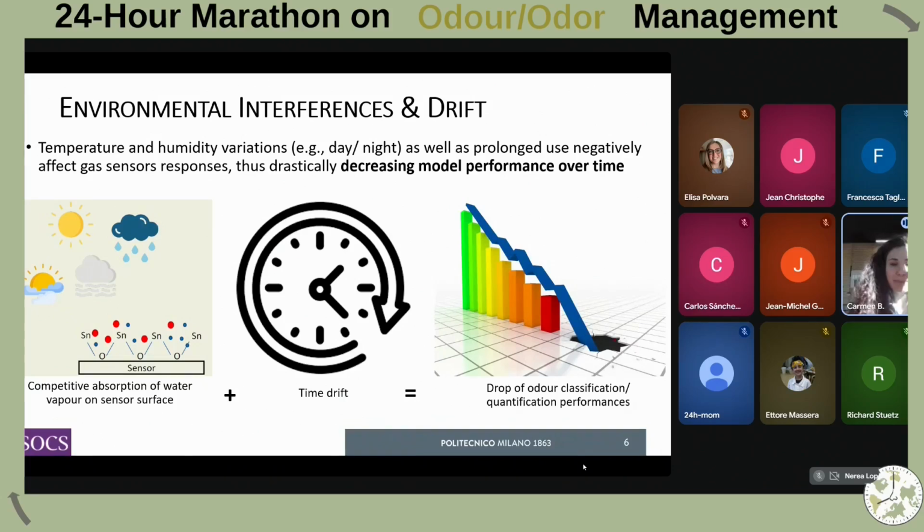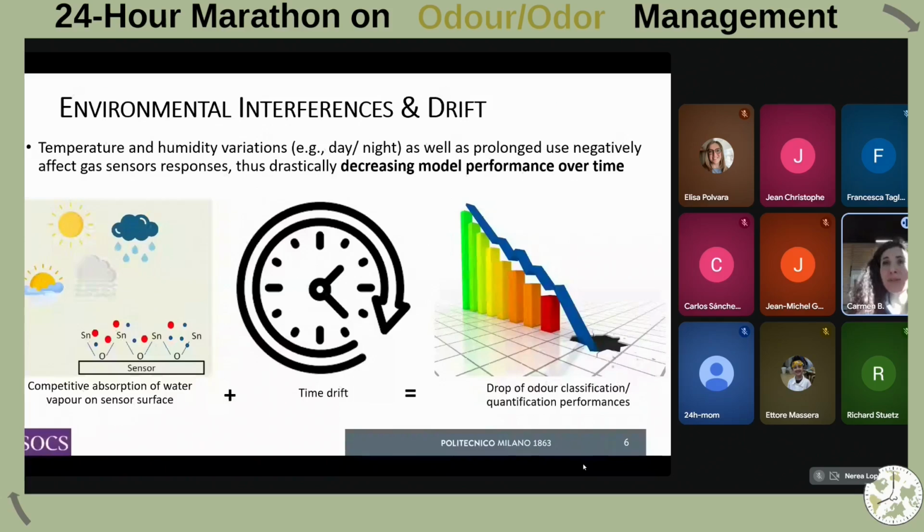The combination of drift over time, meaning signal or response deviations over time, with the competitive absorption of water on the sensor active surface, causes a drop in odor classification and quantification performance over time.